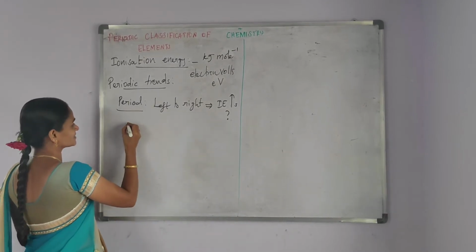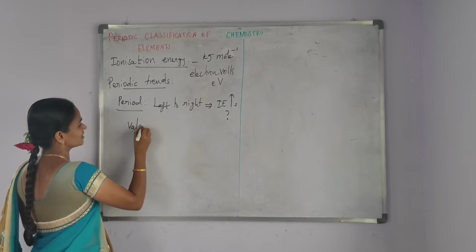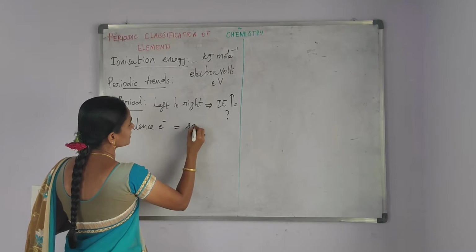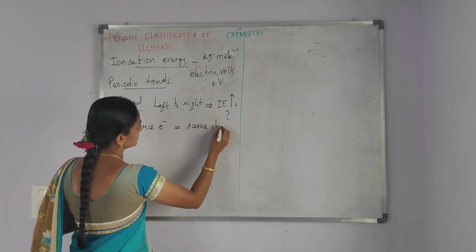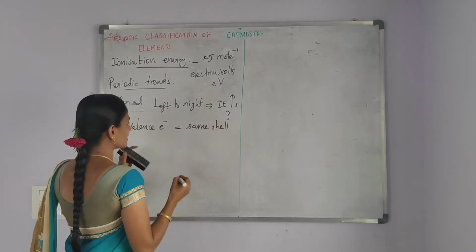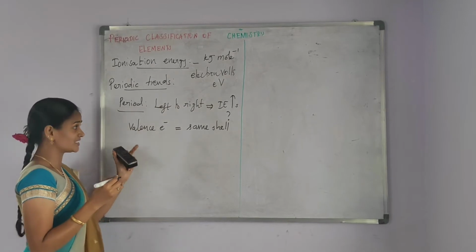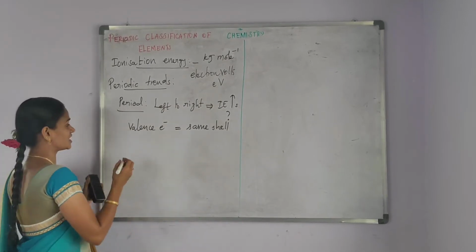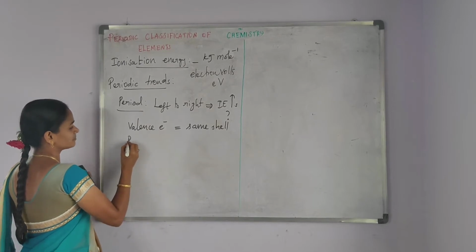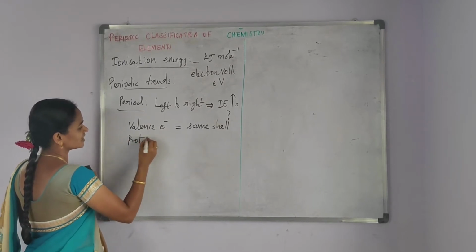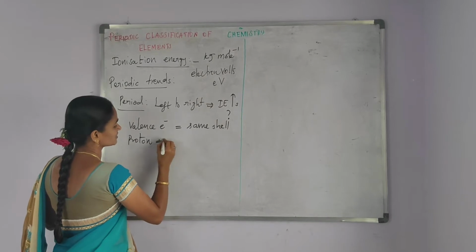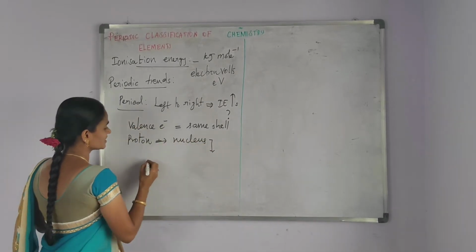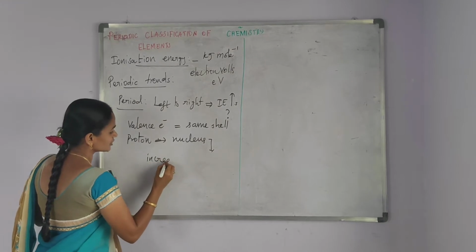The answer is valence electrons are added to the same shell. Across the period, valence electrons are added to the same shell. At the same time, protons are added to the nucleus. This increases the nuclear charge.